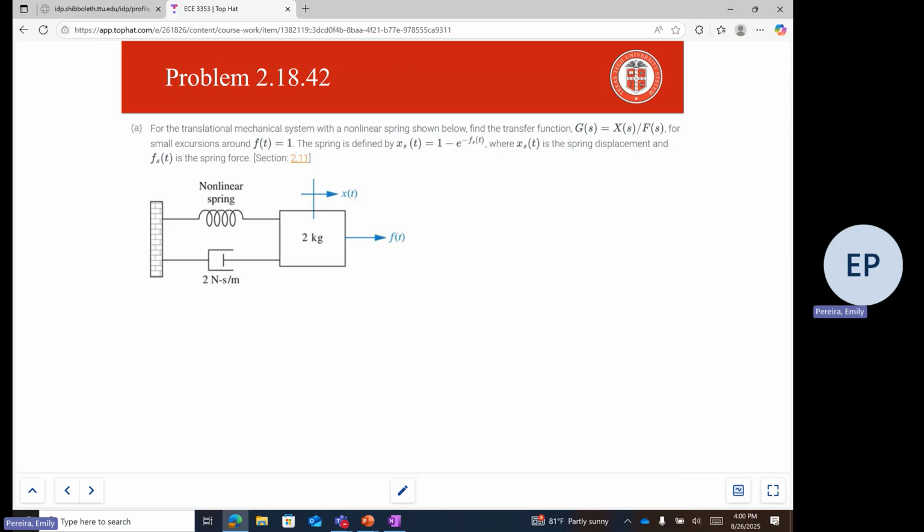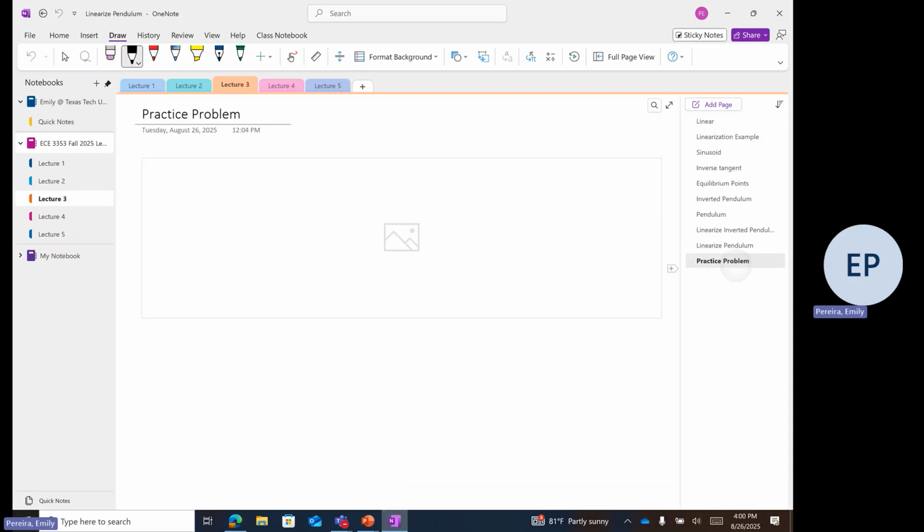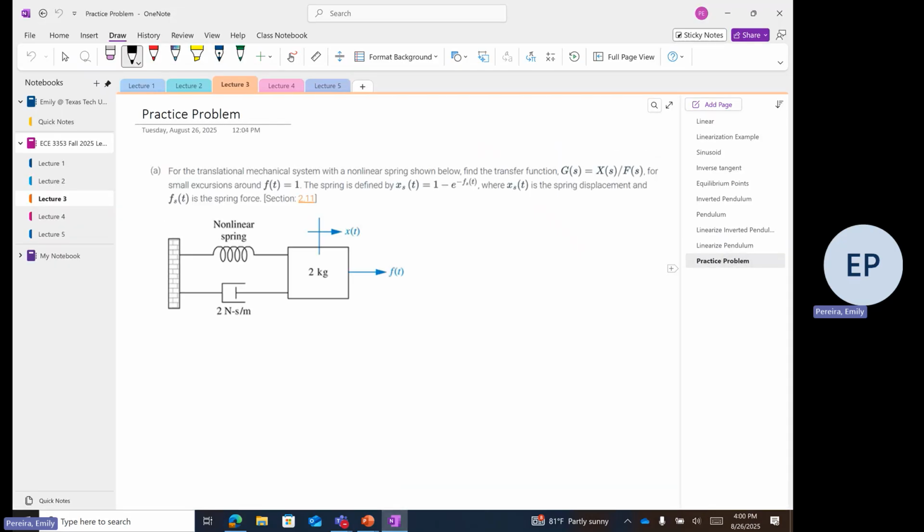All right, so how to begin? So let me go to our notepad here. So we start by writing the sum of the forces. And actually, really, we should start by writing a free body diagram.